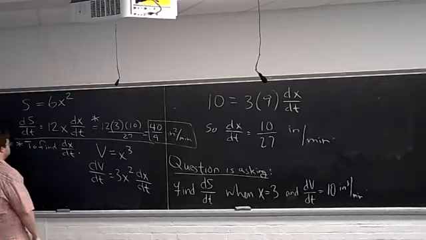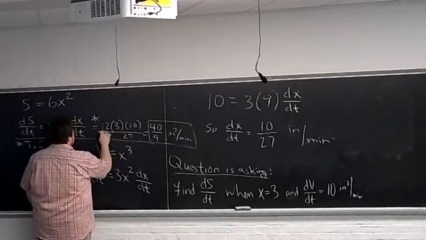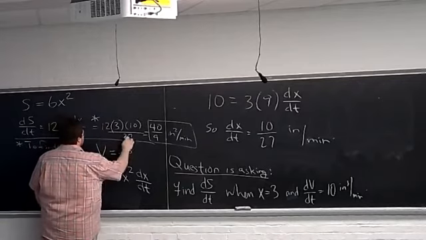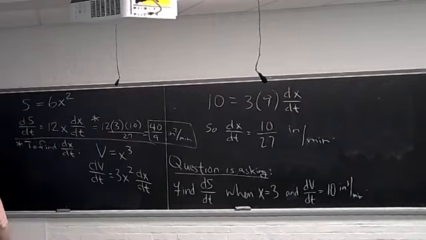Yeah, it is, because two of these 3's are going to cancel. You're left with a 4 and a 9 and a 10, so 40 over 9. And it's surface area, so the units are square. Any questions about that one? Definitely more complicated than the first two.